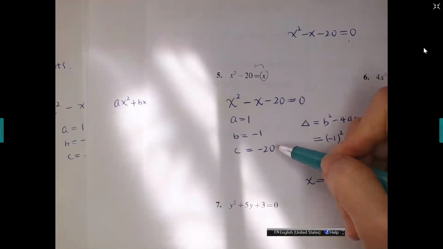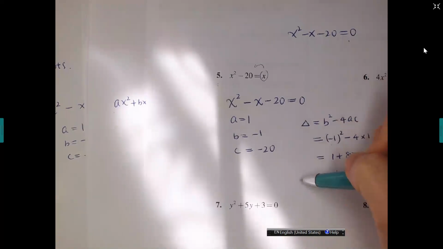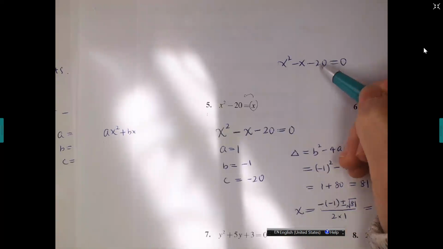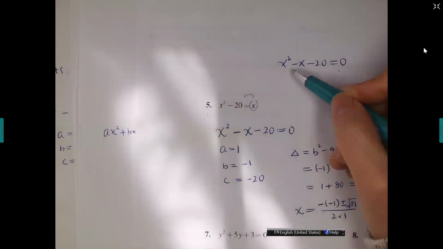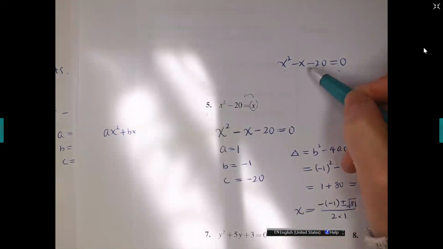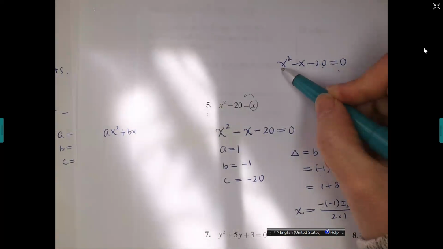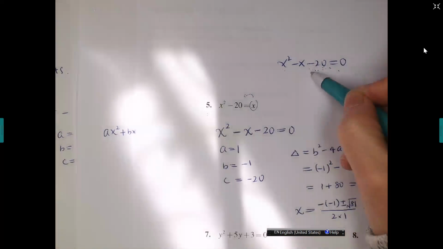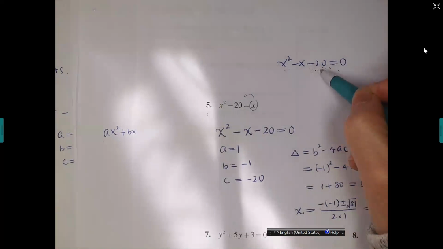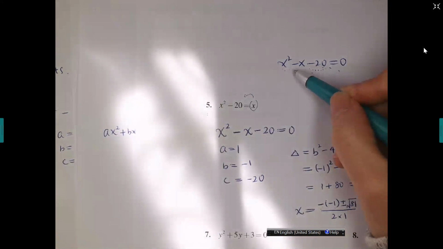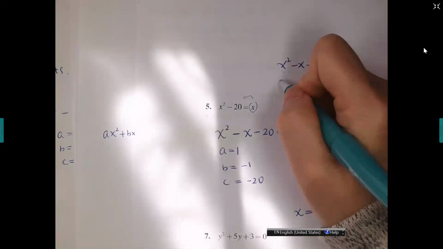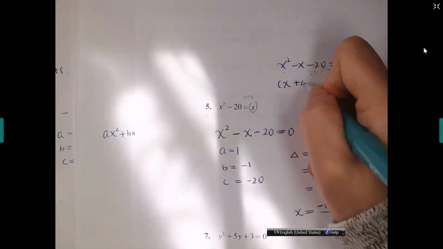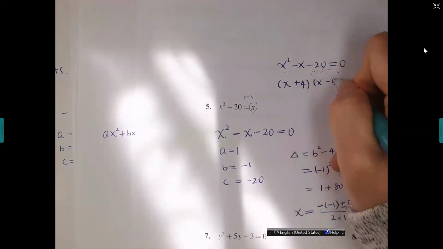Instead of using the quadratic formula, I always try to see, can I factor this trinomial or not? This is a trinomial with leading coefficient 1. I need to look for two numbers. Their product is negative 20. Their sum is negative 1. I know 4 and 5 can give me 20, and 4 and 5 can give me a negative 1. So I get x plus 4, x minus 5 equals 0.